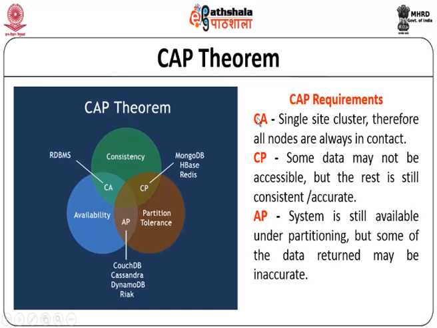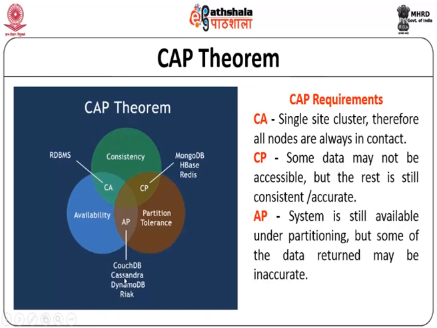According to the NoSQL databases satisfying these criteria, different types of NoSQL databases come into the picture. For example, RDBMS is closely related with consistency and availability of data. The objective of NoSQL databases like MongoDB, HBase and Redis are associated with consistency and partition tolerance.